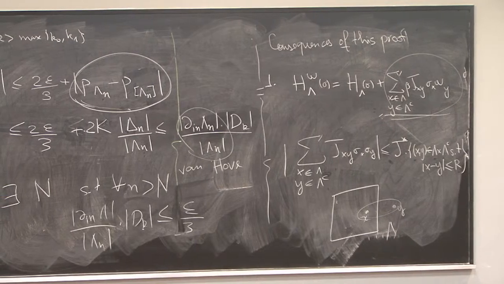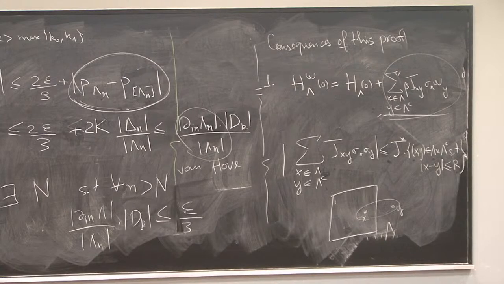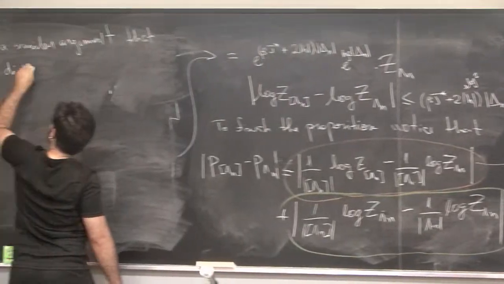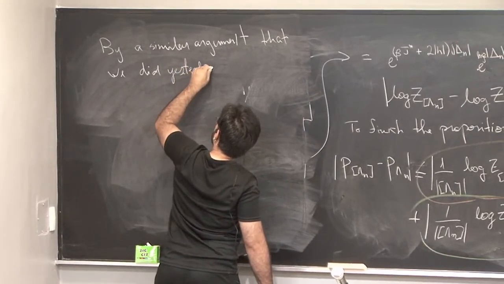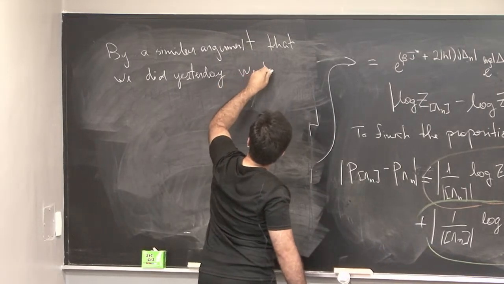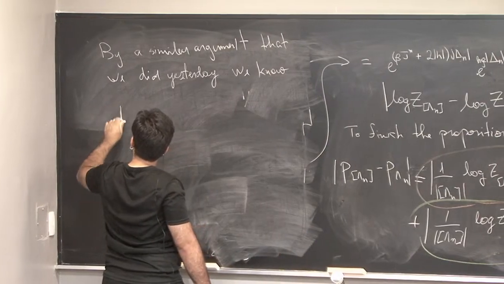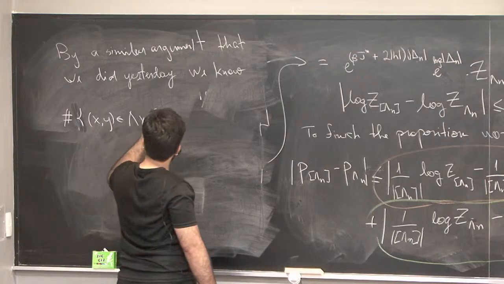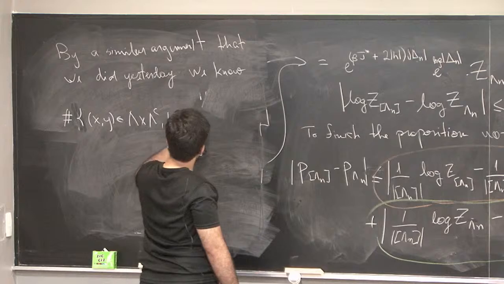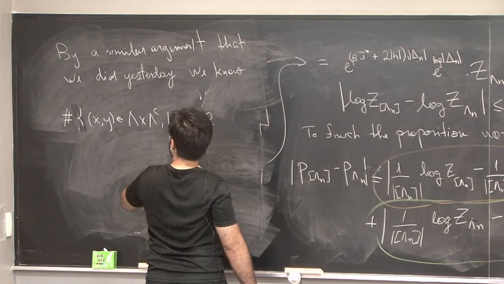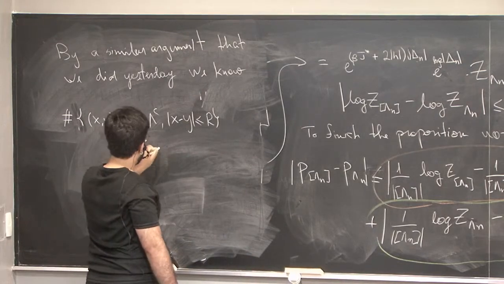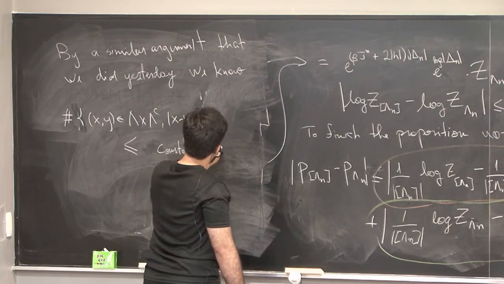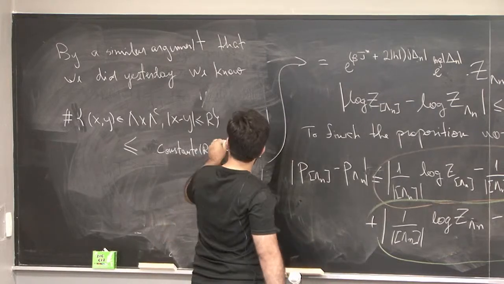But again, by a similar argument that we did yesterday, we know that the number of pairs, one inside lambda and the other outside lambda c, such that the distance between x and y is less than r, will be less than a constant that depends on r times the boundary of the set.